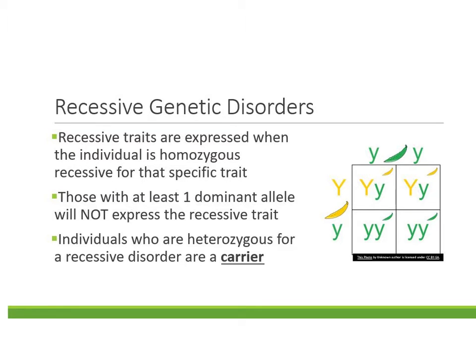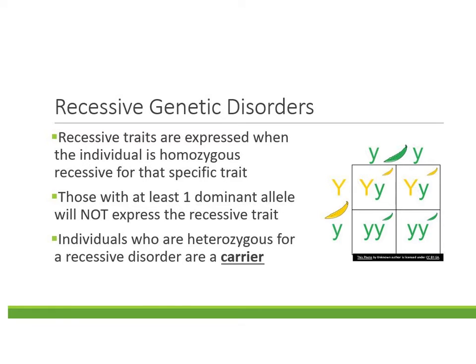For example, here's the regular pea plant Punnett square that we've been looking at. In order for the recessive trait to show, you have to have the recessive allele from both mom and dad. In this case, green is the recessive color, so in order for the offspring to be green, you have to get the green allele from your mom and from your dad. You have both of them to show it.